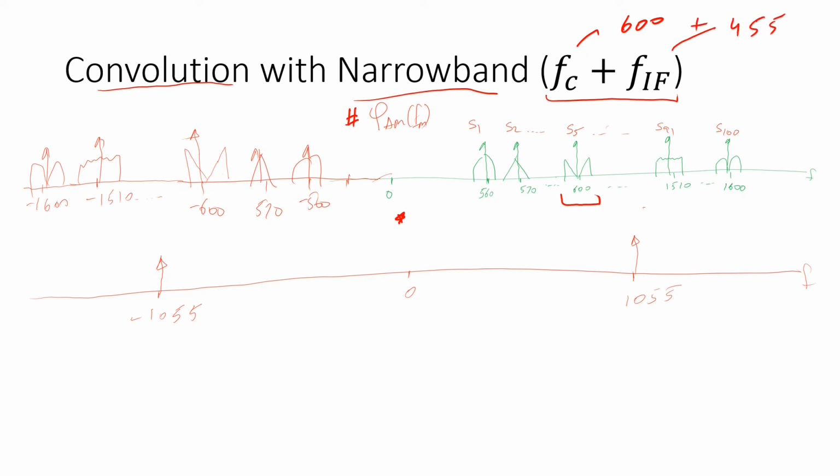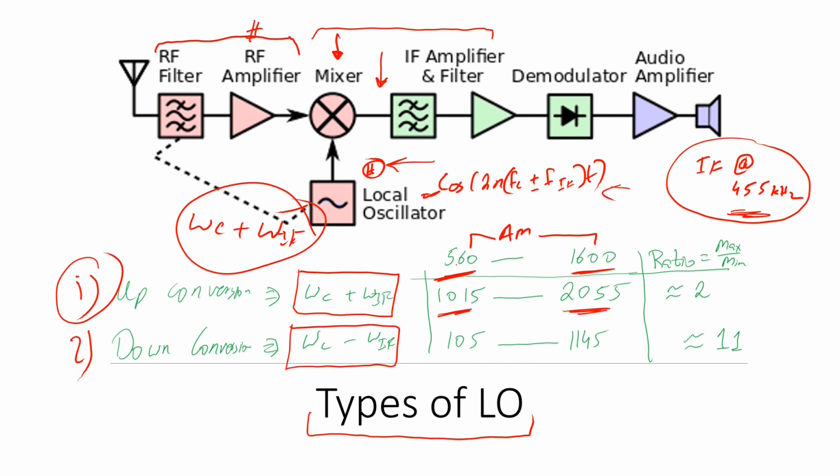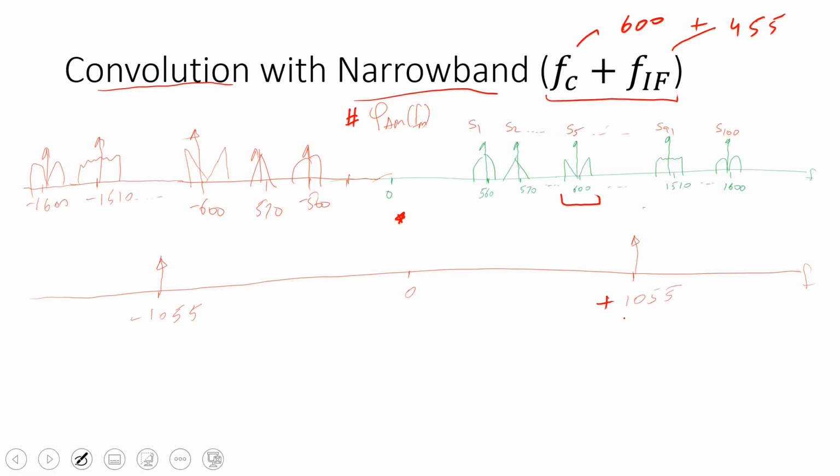If you add them together, we have a plus 1055 and a minus 1055, and the cos function gives us two delta functions, at f minus 1055 and f plus 1055.